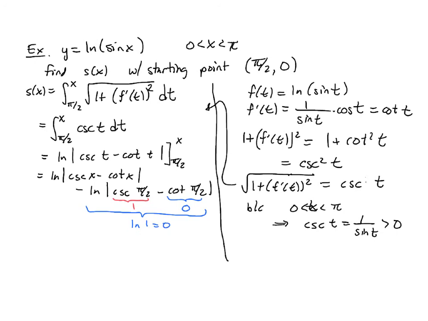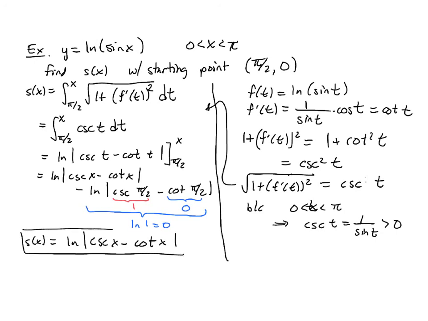So we end up with our arc length function equaling ln absolute value cosecant x minus cotangent x. And you can see more examples like this in example 4 in the textbook. So that's the end of the lecture on section 8.1, arc lengths.